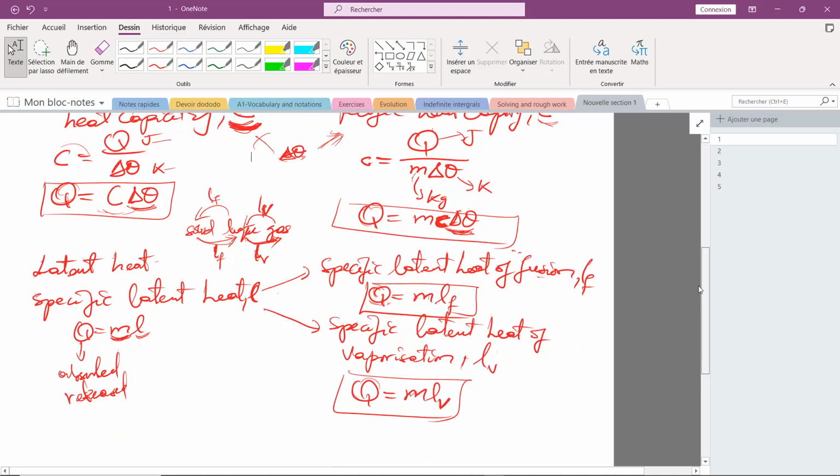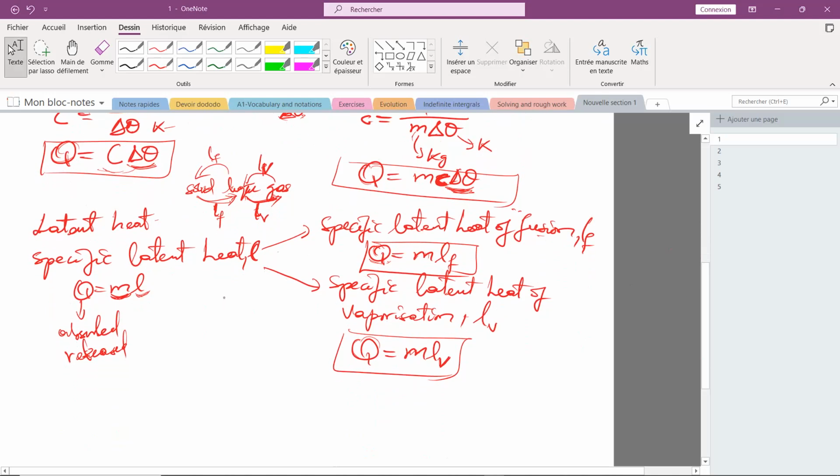But whenever there is a change in state without a change in temperature, we shall talk of specific latent heat, because look at the formula. The formula does not depend on temperature. So when there is a change in state, we talk of specific latent heat.